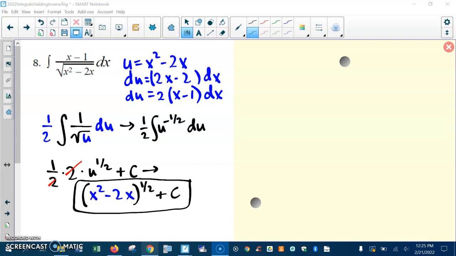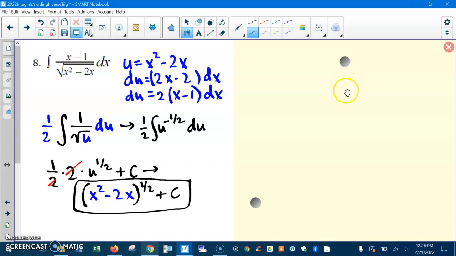To account for that coefficient of 2 in my exchange, I multiply my integral by 1/2, and then I really just have a power rule, 1/2 times the integral of u to the negative 1/2 du. So I apply power rule and then substitute back in for my expression for u, and I'm left with x squared minus 2x all to the 1/2 power plus c.